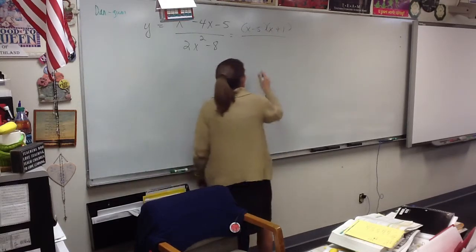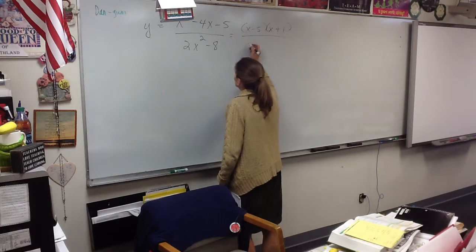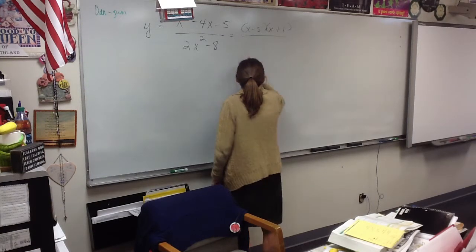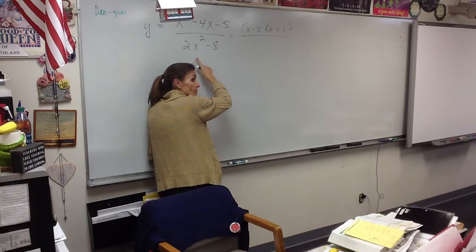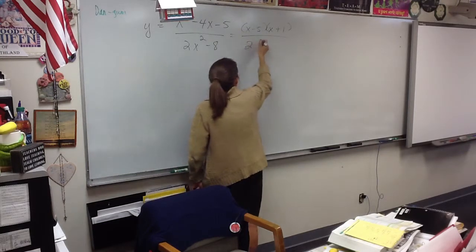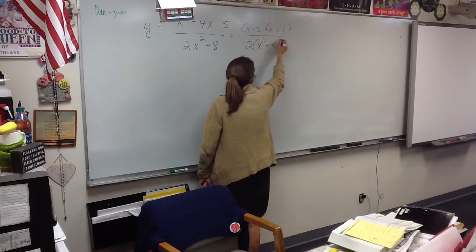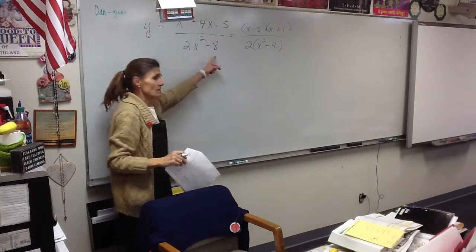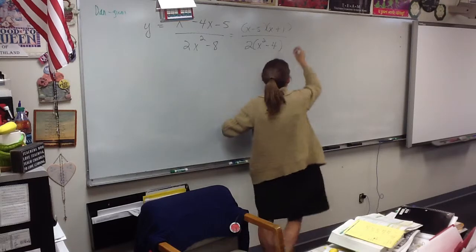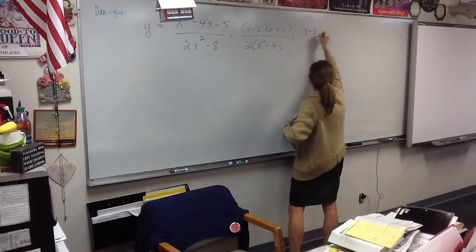Jordan, how's the bottom factor? First, let's take a 2 out. Both of these are divisible by 2, so we'll take a 2 out. And then what happens to that bottom? Yeah.